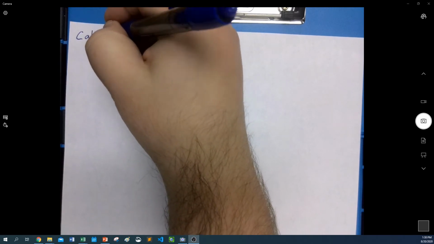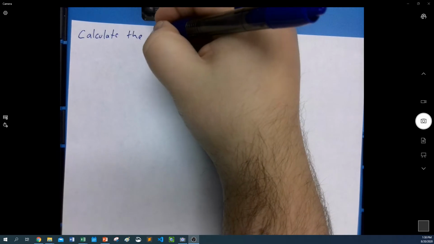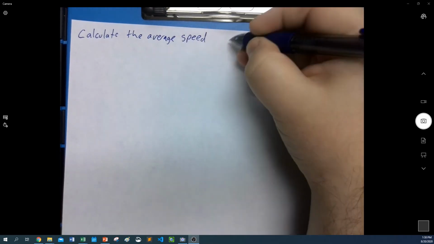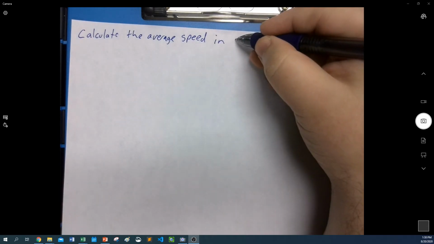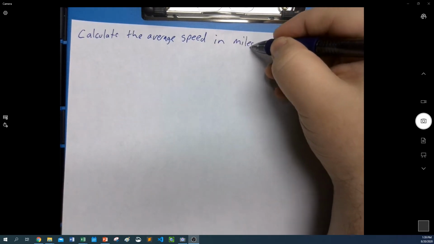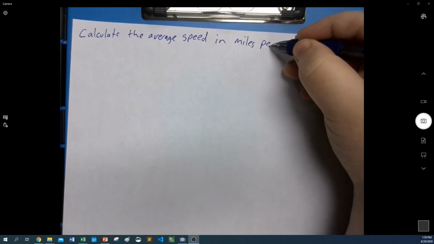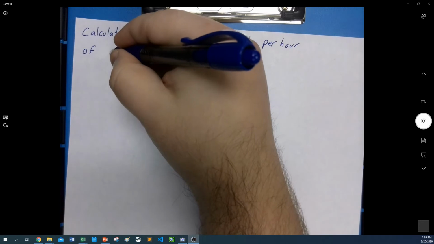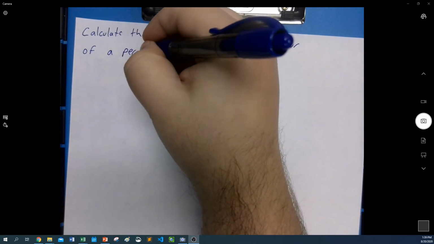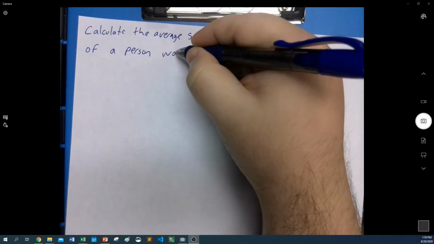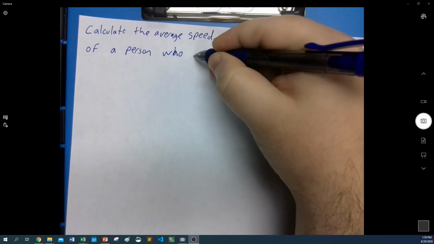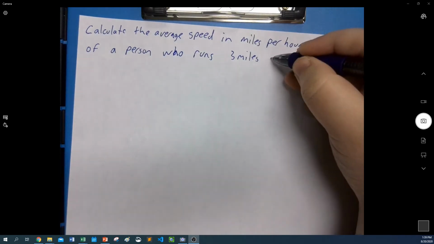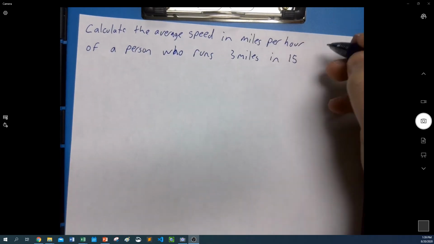Calculate the average speed in miles per hour of a person who runs 3 miles in 15 minutes.